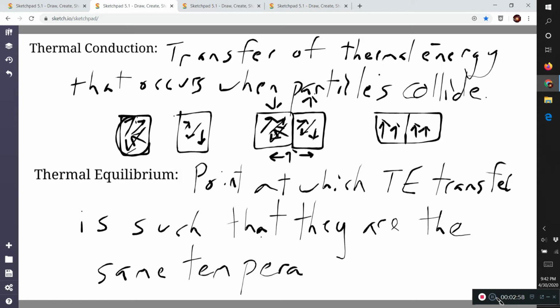So, equilibrium is, of course, where they are equal, where the average kinetic energy in each side, the temperature in each side, is the same.